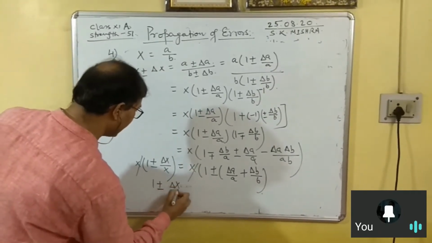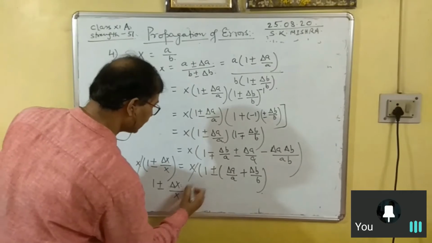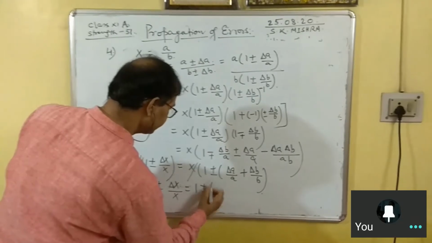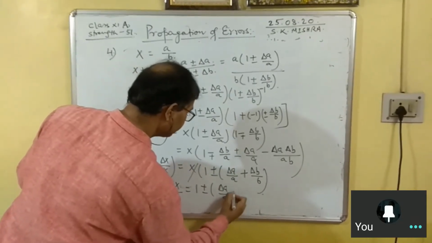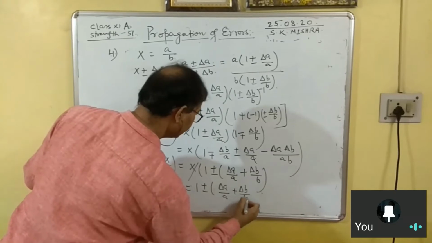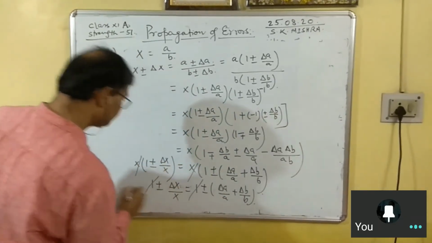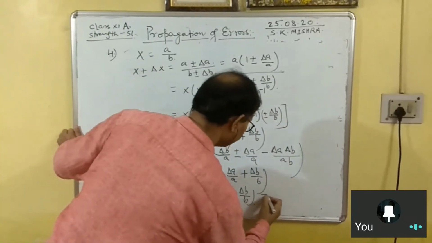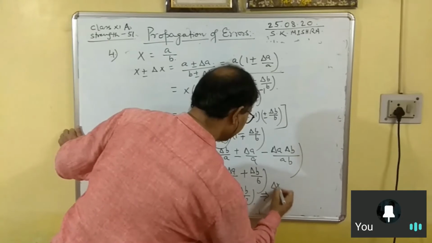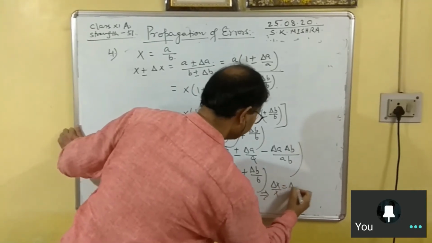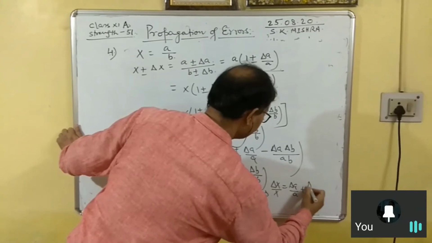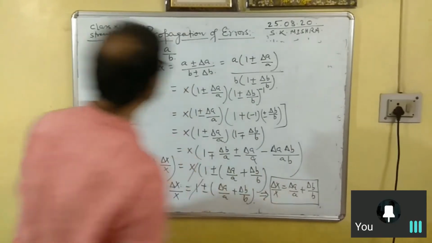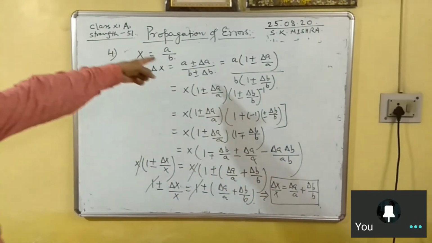I will give you the alternate method by which you can solve it in a very nice way. See, 1 plus minus then delta A by A plus delta B by B. Now should I cancel this one? So finally you are getting delta X by X is equal to delta A by A plus delta B by B. So whether it is the division of two quantities or the product of two quantities, the result will be the same.